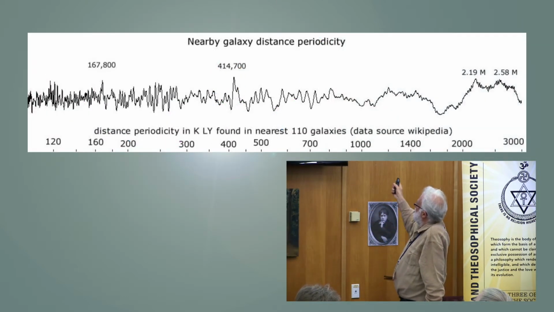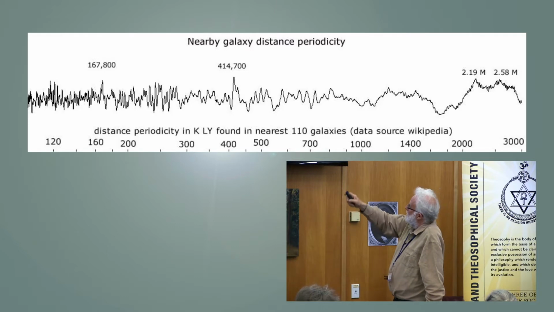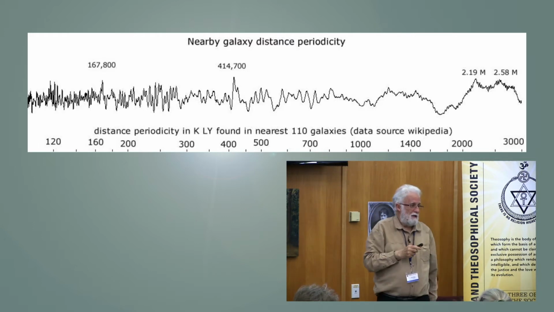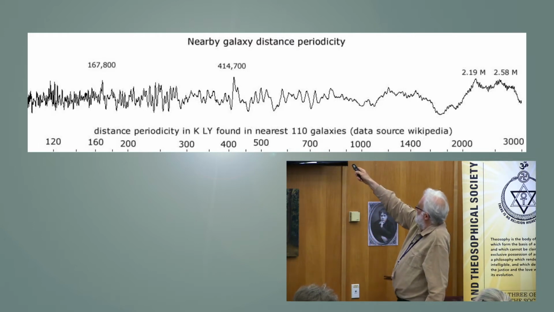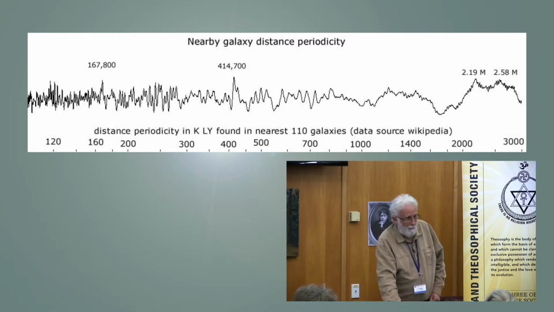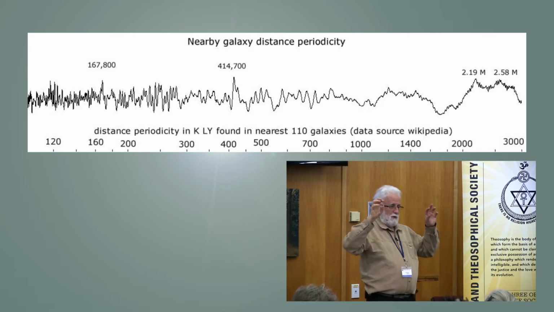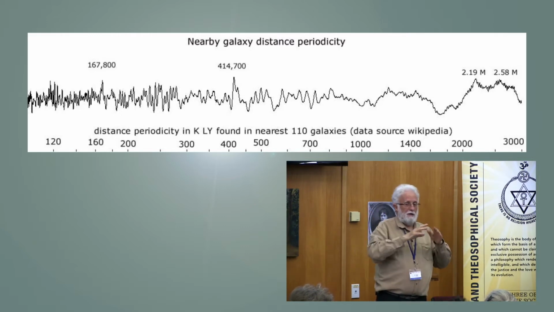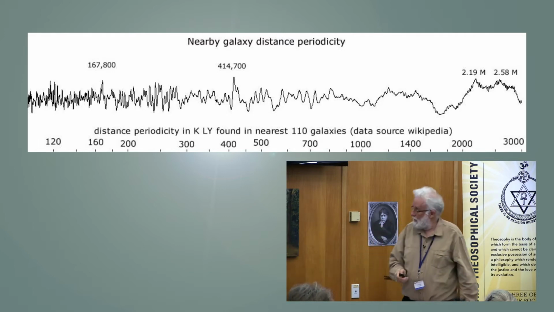This one was about the distances to the nearby galaxies, and there's 3 items of interest. Something around about 170,000 light years, something just over 400,000 light years, and a couple of peaks around just over 2 million light years. Now, I mentioned the H2O molecules of our galaxy with the little hangers-on, and the little hangers-on are about a 12th of the distance between the big galaxies, and I mentioned that those peaks happen like that at many different levels.